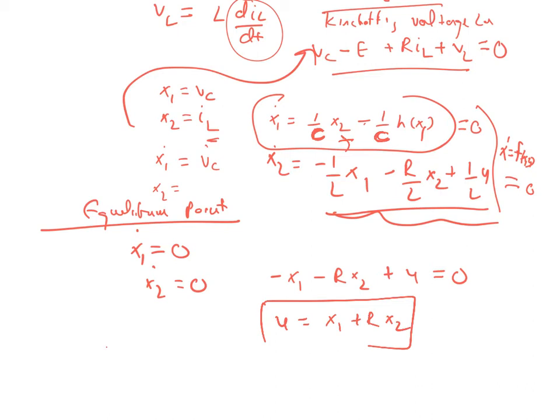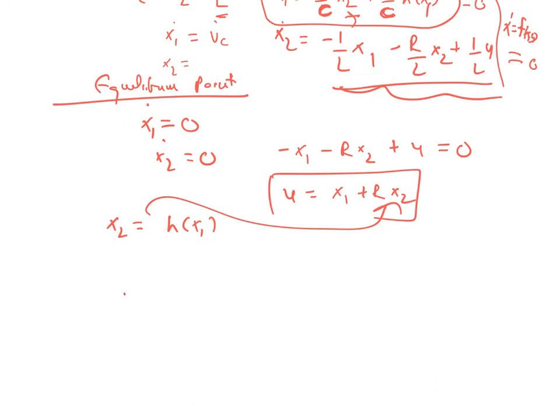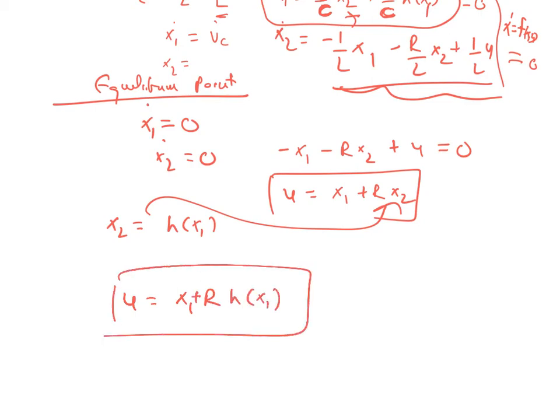My x2 will be basically h of x1. So I can plug that in here, and that now becomes my u equals x1 plus r of h of x1. So that gives me that u.